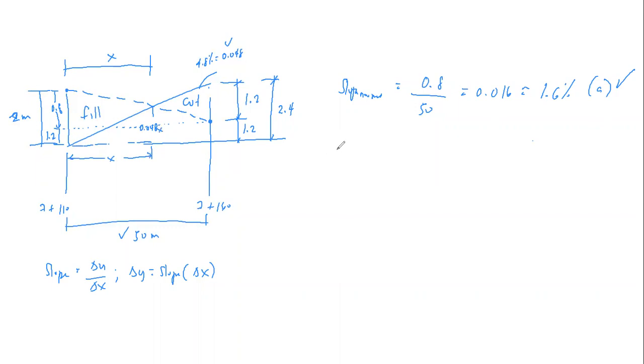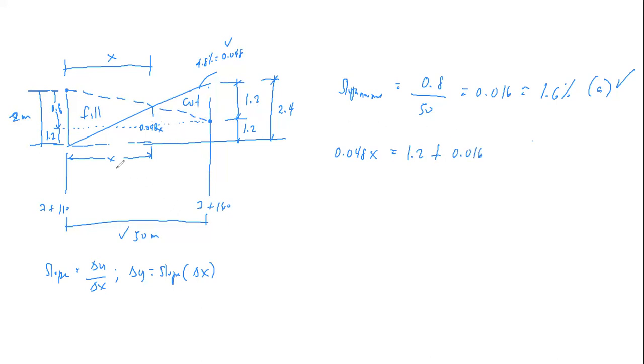We can generate an equation: 0.048 times x equals the segment 1.2, if we project it, plus, considering this triangle, the slope of the new road, in decimal 0.016, times the segment.